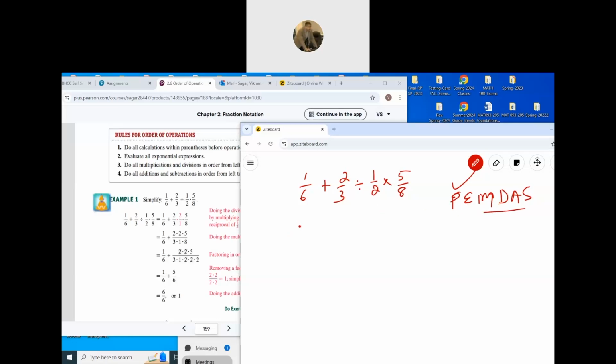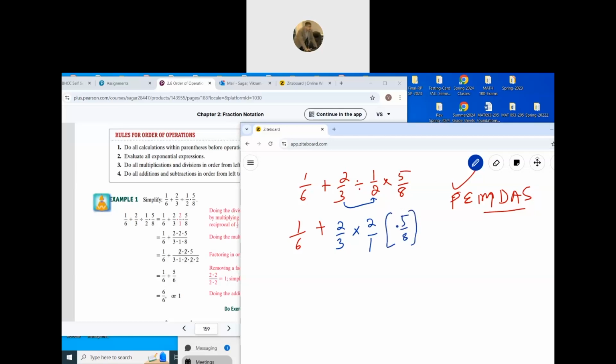But left to right, what comes first? Division first. Okay, so 1 over 6 plus here, now we're gonna do this part first, okay? So 2/3 divided by 1/2 becomes 2 over 3 times 2 over 1. I'm just gonna keep this part away, first.